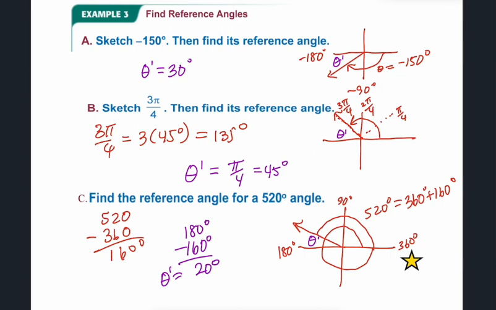That's why we put our theta where we put it when we built the triangle, because our theta prime is always in reference to the origin and the x-axis. So when we build a triangle, we always build it in that exact location. Everybody good with how we draw a reference angle and what it looks like and what it is, and does that make sense a little bit?